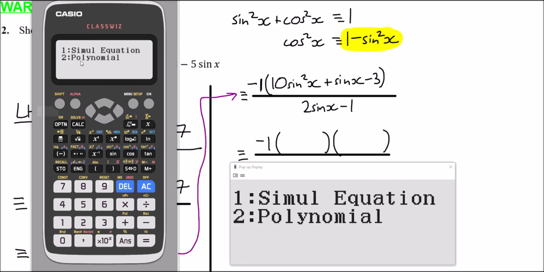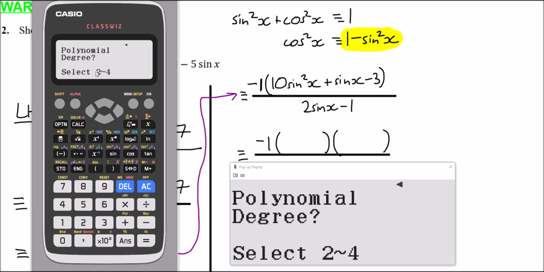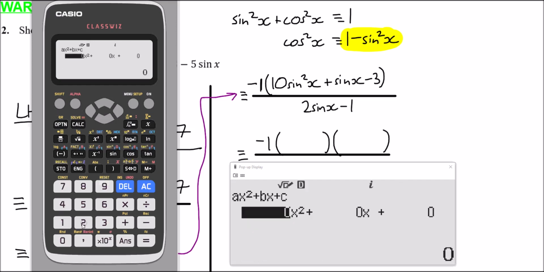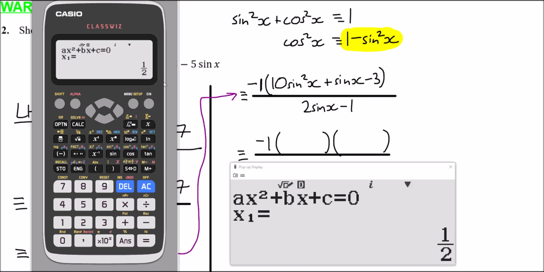Now we've got a polynomial, it's a quadratic, so degree 2 in terms of sine x. So our x squared term is sine x all squared. So we've got 10 lots of sine x squared. I'm ignoring this minus 1 outside, you see, plus 1 lot of sine x, and minus 3, press equals and equals again, and these values here tell us what the roots are.